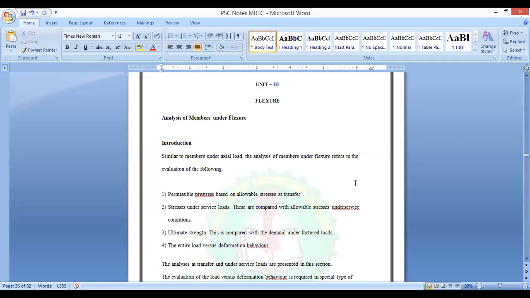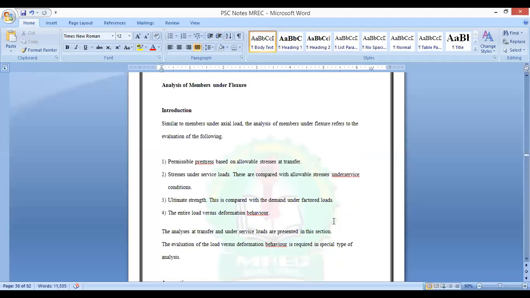So in this analysis, what exactly are we going to evaluate? I have given 4 points over here. First, we are going to evaluate pre-stressed concrete elements under permissible pre-stress, which is based on the allowable stress, while transferring load from strand to concrete, right?